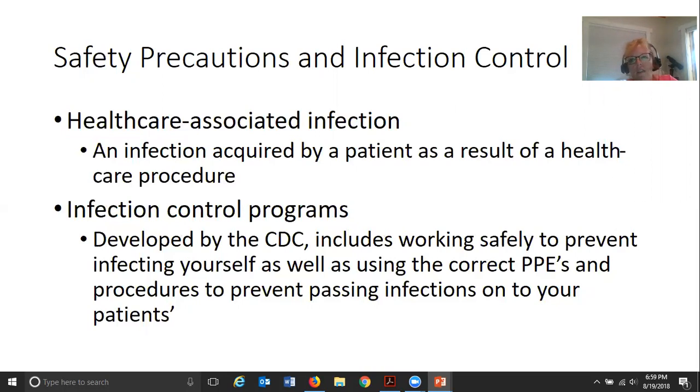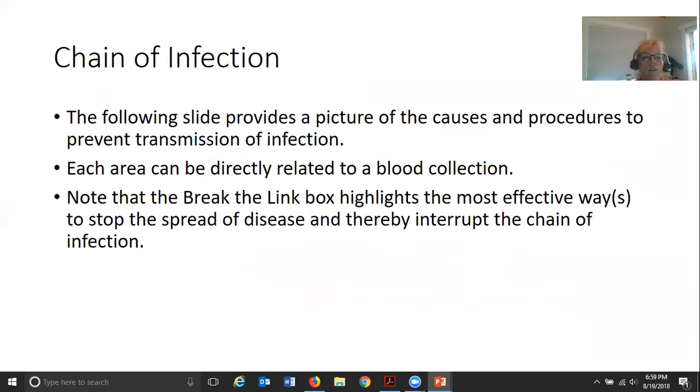They didn't have that infection before they had the procedure. Every facility also has infection control programs, which provide oversight and teach employees how to work safely to prevent infections in ourselves, as well as using the correct protective equipment and procedures so we don't infect the patients.